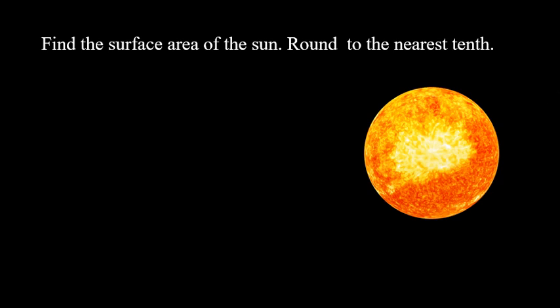Let's say the radius of the sphere is 1000 kilometers. Because the shape looks like a sphere, we will use the formula 4 pi r squared.